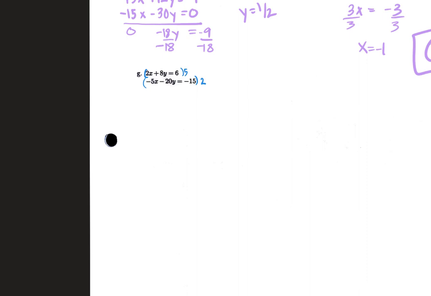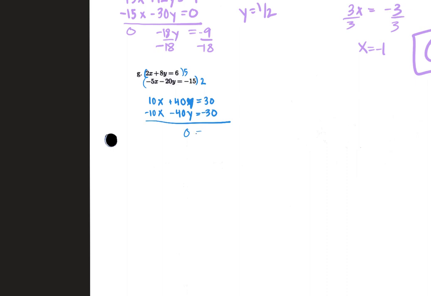I just saw that one right away, so that's why I went with it. But let's see what happens. So that's negative 10x minus, oh, sorry, that's supposed to be y. Minus 40y equals negative 30.